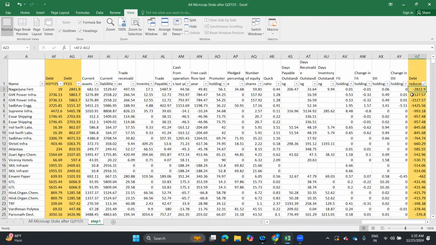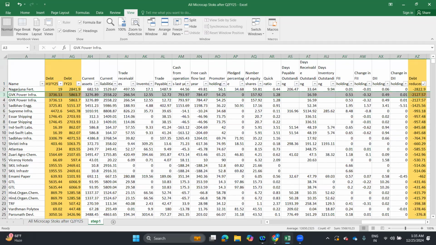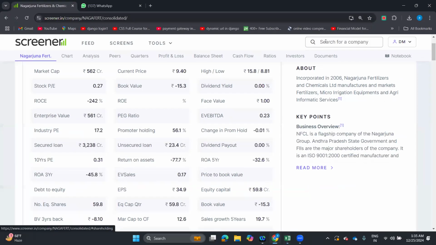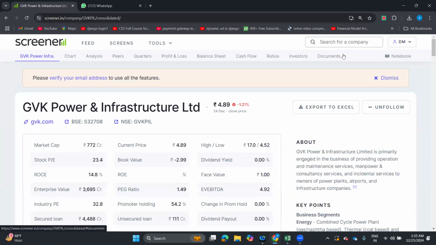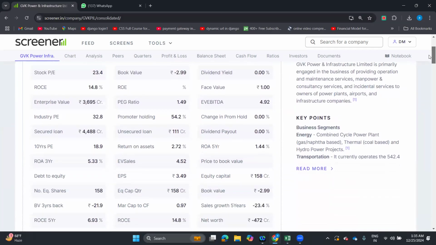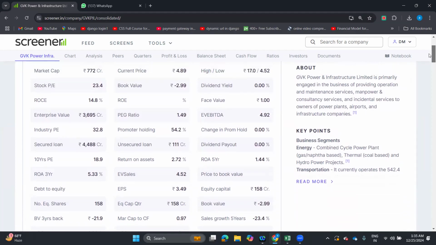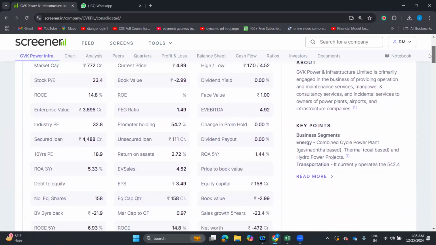Now we can see this is GVK Power Infra. So let me go and check how GVK Power Infra is placed. GVK Power and Infrastructure. Acha, what is GVK Power? They are basically in the energy business.